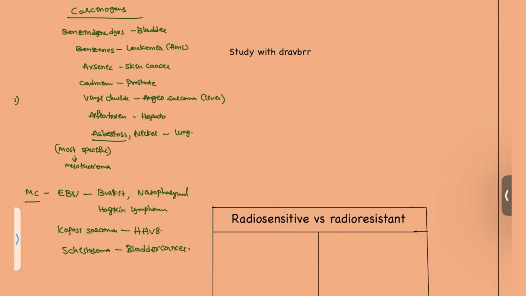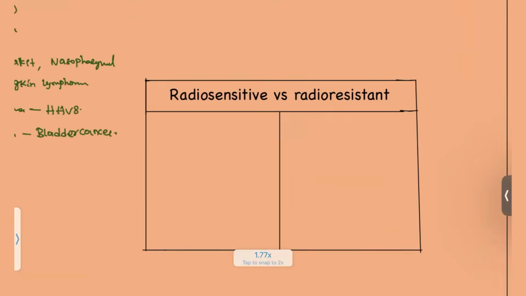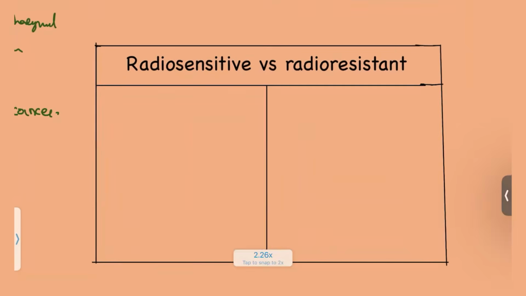Next, this table is commonly asked: radiosensitive versus radioresistant. What are the radiosensitive phases? In the cell cycle, the G2 and M phases are the most radiosensitive, and G1 and S phases are radioresistant. The most radiosensitive cells are lymphocytes, and radioresistant cells are platelets.